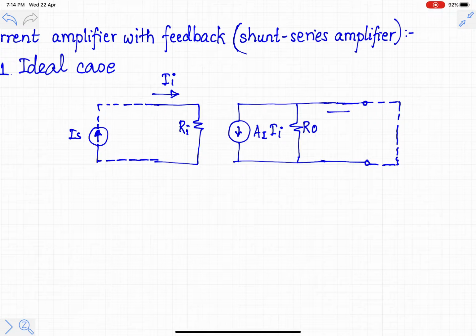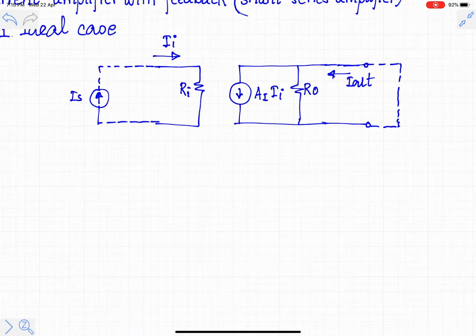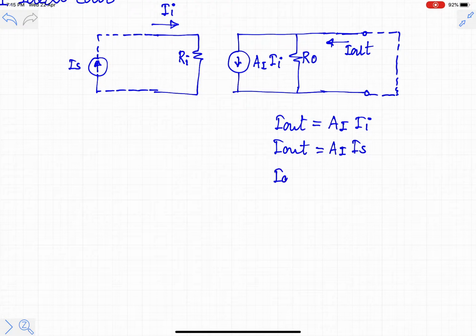In that case the current flowing through the short circuit is equal to I out or Io, and from this we can see that I out is equal to Ai into Ii, but we can see that Ii is also equal to Is. So I out is equal to Ai into Is. So I out by Is is equal to Ai, which we call Ai open. This is without feedback, that's why it is called Ai open.